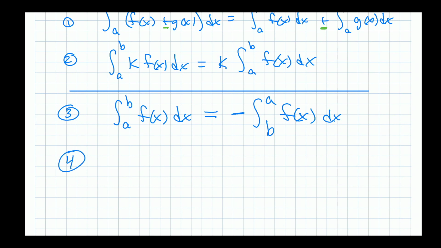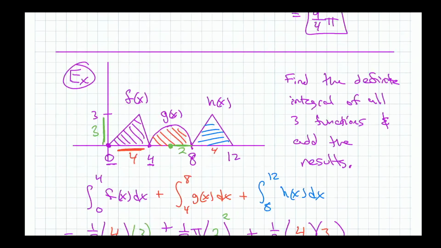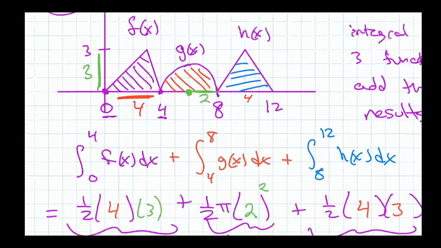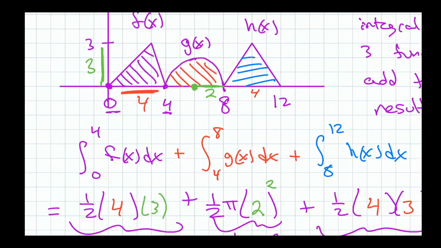And the other rule we need, you actually have already seen even though you didn't know it. So think about this. I had three functions just next to each other, right? And I wanted the total area. And so what I did was I did an integral from 0 to 4, then 4 to 8, and then 8 to 12. Well, if you think about it, if you go 0 to 4, 4 to 8, 8 to 12, then I actually went all the way from 0 all the way up to 12, right?